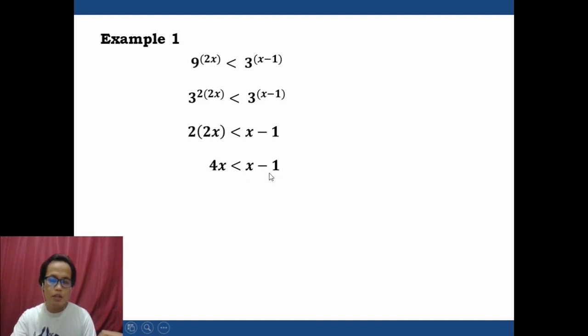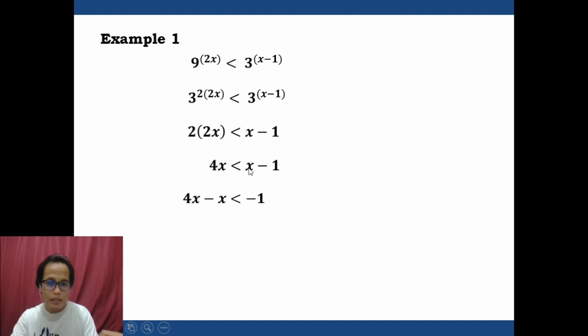Then afterwards, solve na ta ang x. Naa tay x diri, naa tay x diri, kinahanglan kini nga x positive man ni, mag-subtraction property ta aron tangtangon ni. So minus x ta sa duha ka side. Mahimo ning 4x minus x is less than negative 1.